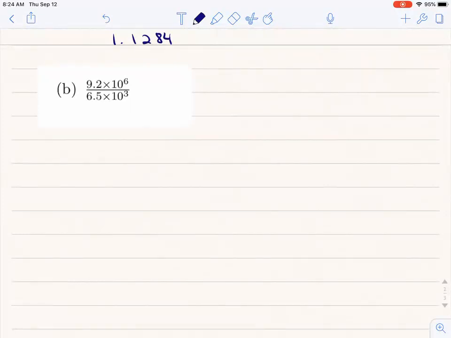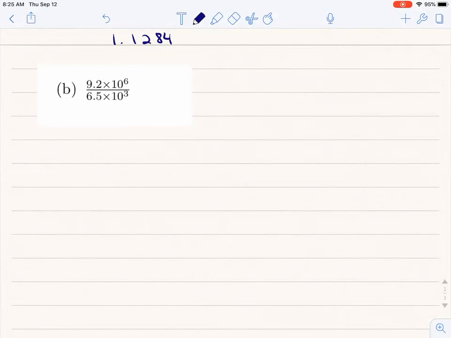Okay, so for this one, same idea, right? I can pull the 9.2 and the 6.5 off to the side and deal with these 10s on their own. Remember what we did for 10 to the power of 3 in the denominator? To move it up, we would just write it as 10 to the negative 3, and that's equivalent.